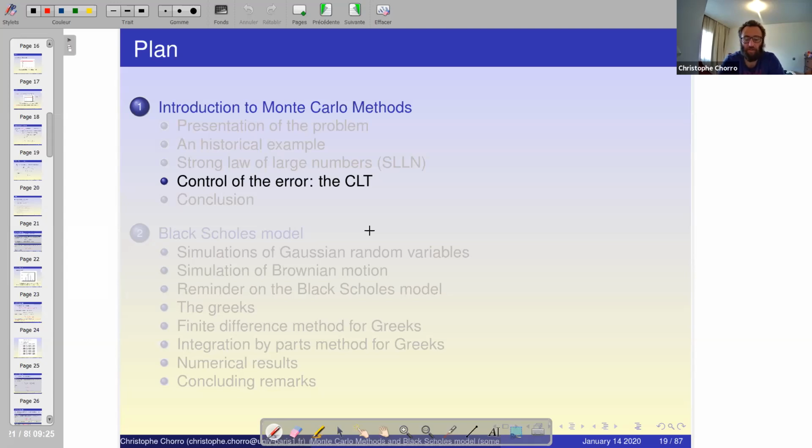It tells us the convergence of this approximation, when n goes to plus infinity, almost surely and in L1. So keep in mind that I want to have an approximation, but I also want to have a control of the error I make. And as you probably know, in this case the control of the error will be given by the central limit theorem, CLT, okay?